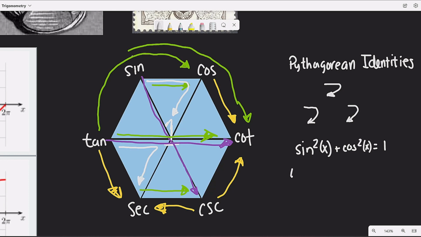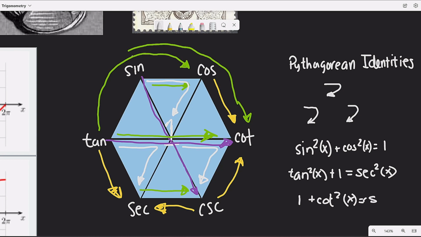So tangent squared plus 1 is equal to secant squared. Boom, you thought you would never be able to memorize that, but you just did. Very easily, very simply. And we can extend it once further. We get 1 plus cotangent squared of x is equal to cosecant squared of x. And you are done.